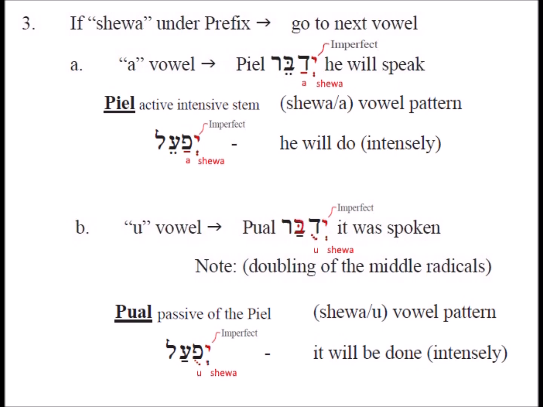What you're looking at there is a Pual stem: the shva followed by the qibbuts, and again the doubling of the middle consonant or radical. So yedaber is the Piel, yedubbar is the Pual. Note all the way through here in the Piel and the Pual, the middle radical is doubled.